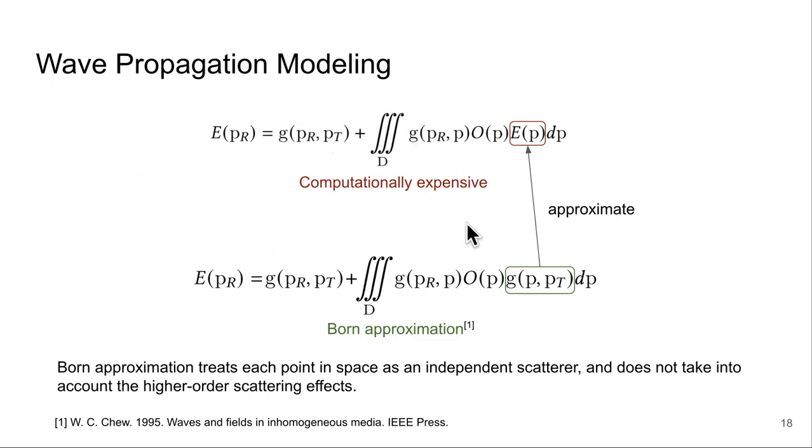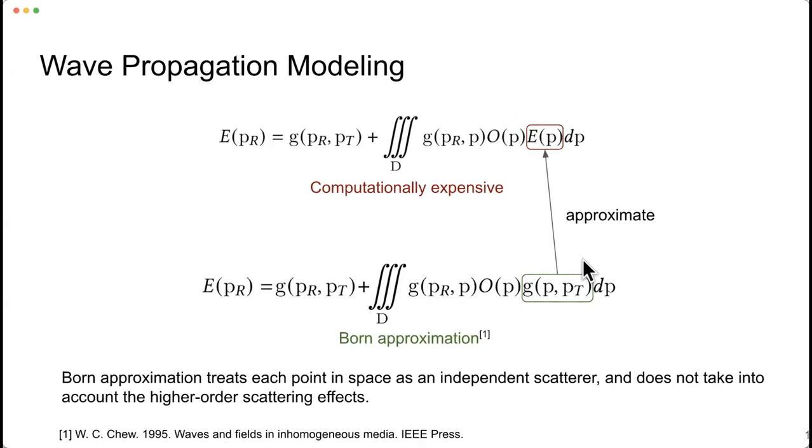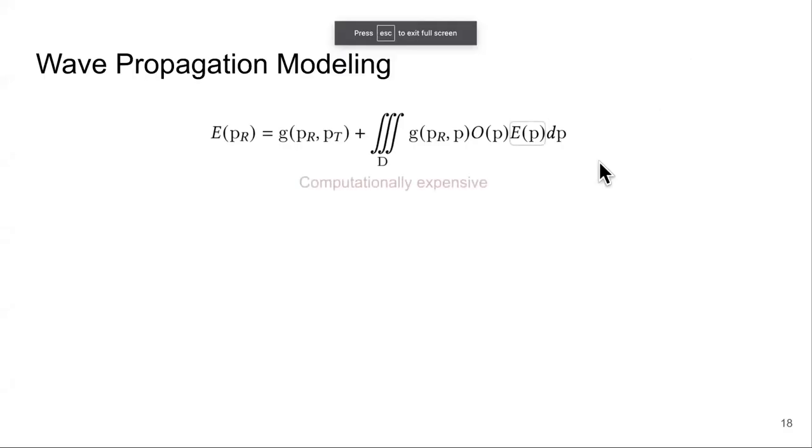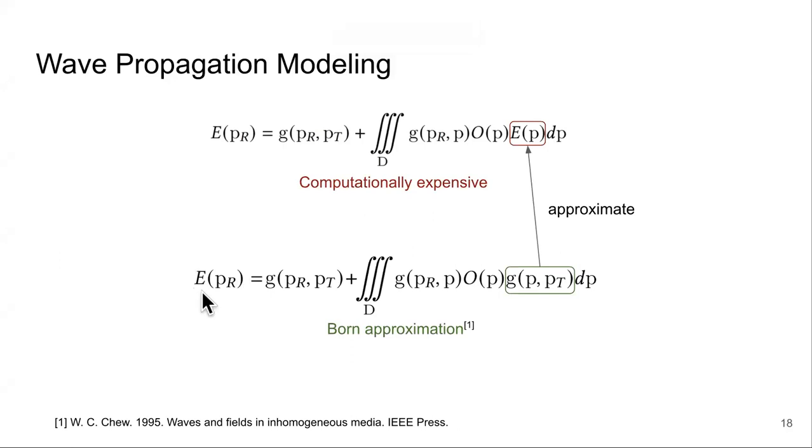There's a loop here, which makes the computation expensive. When we do the point approximation, each point is just treated as an independent scatterer, which means that E(P_R) does not depend on a nested loop, so we just calculate this E directly.